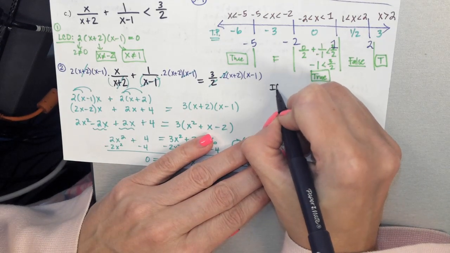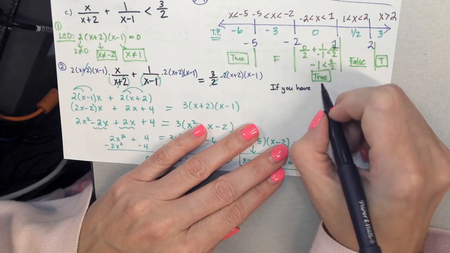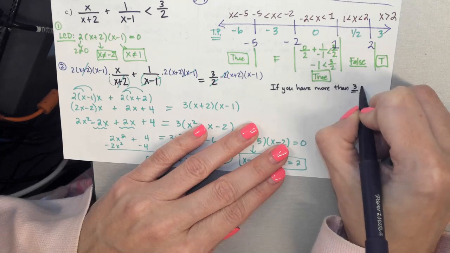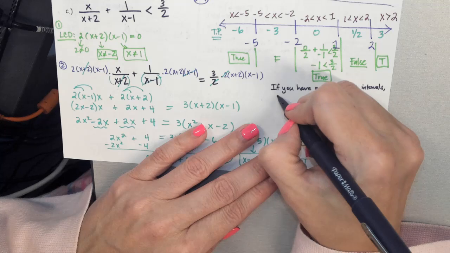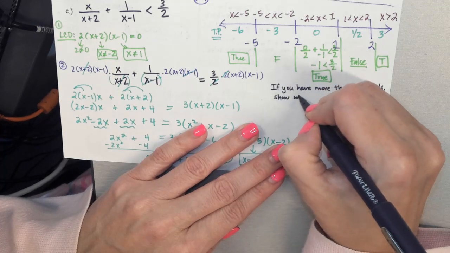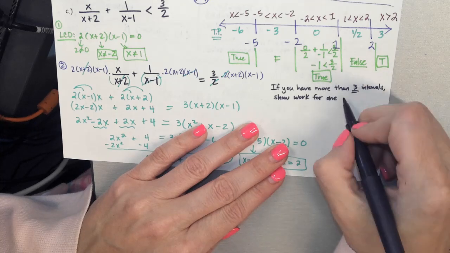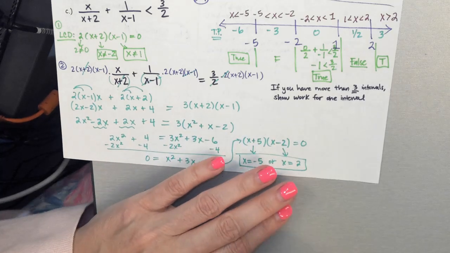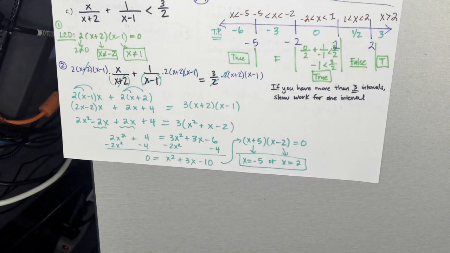So if you have more than 3 intervals, just show work for 1 interval. Okay, so if it's more than the 3, you can just use the pattern for that. That is fine.